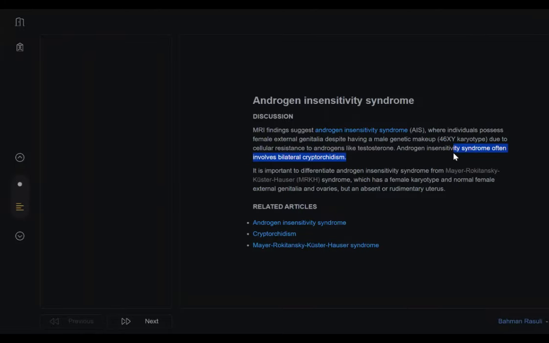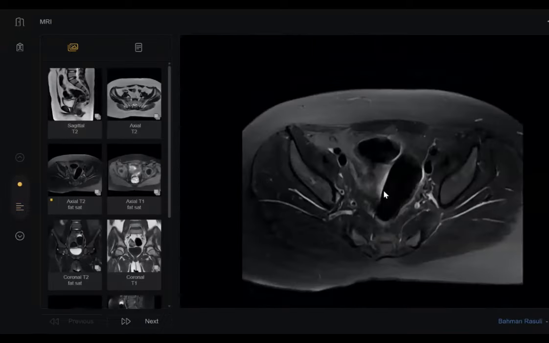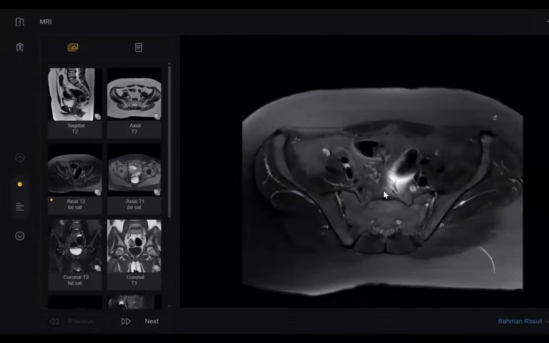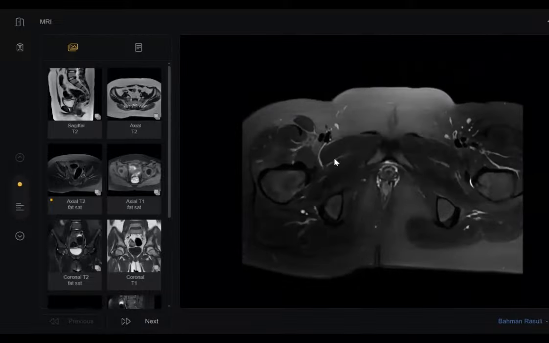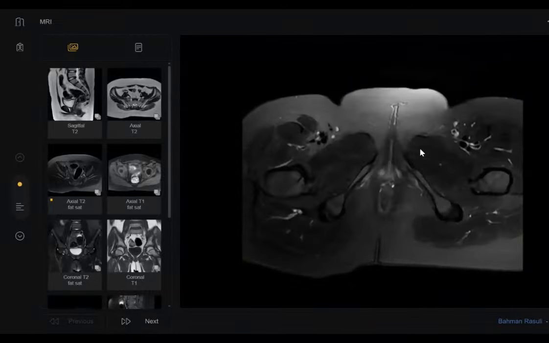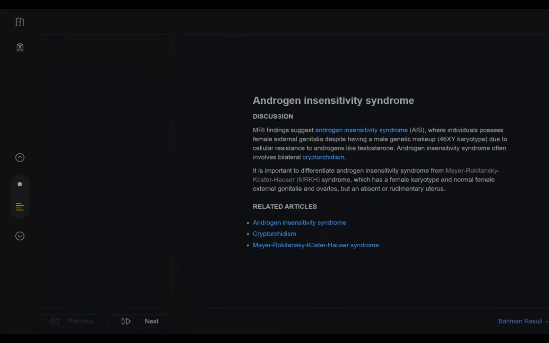In this syndrome there is external genitalia of a female with testes, no uterus and no ovaries. The organs are not responding to the testosterone. The testes produce testosterone, but the external genitalia tissue does not respond to it. So the name is androgen insensitivity syndrome.